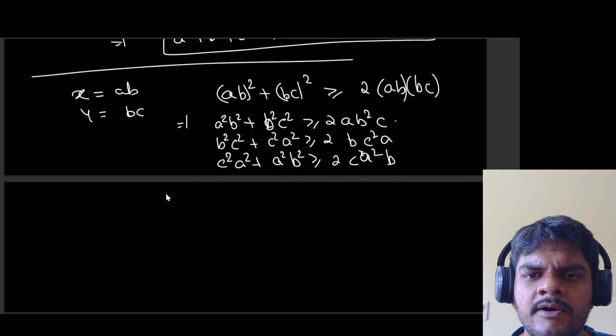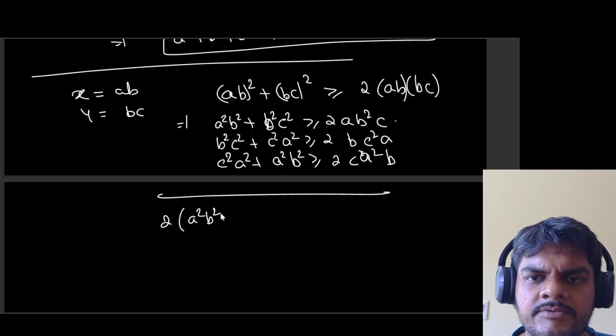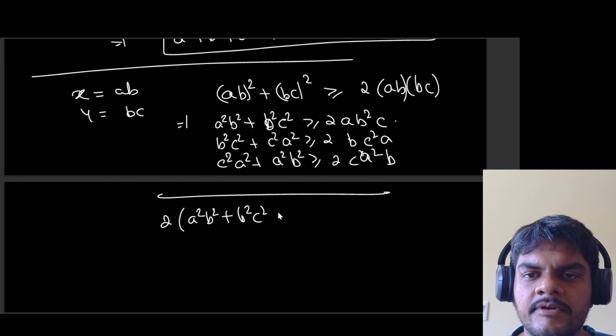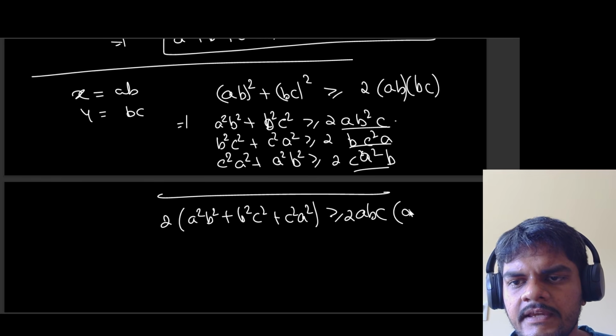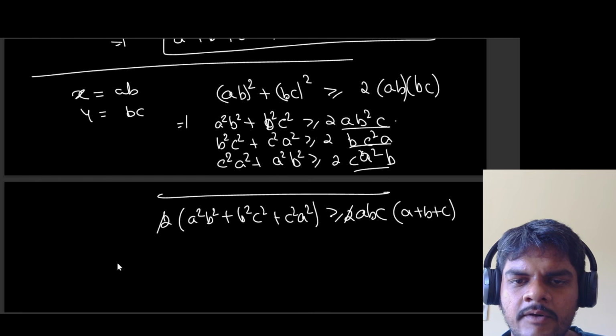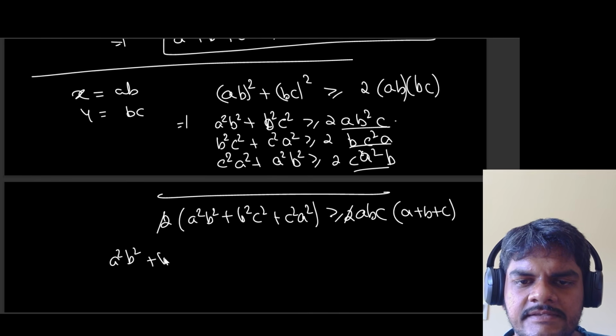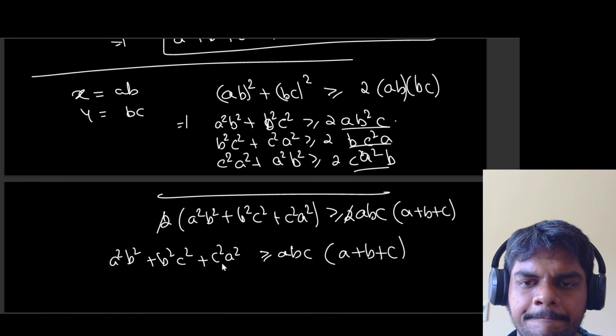So if you add all of these, I'll get 2 times a square b square plus b square c square plus c square a square is greater than or equal to 2 times, if you see, I can take ABC common. So I'll take ABC common, ABC, a plus b plus c. Now 2 will get cancelled. So obviously I have a square b square plus b square c square plus c square a square is greater than or equal to ABC into a plus b plus c.